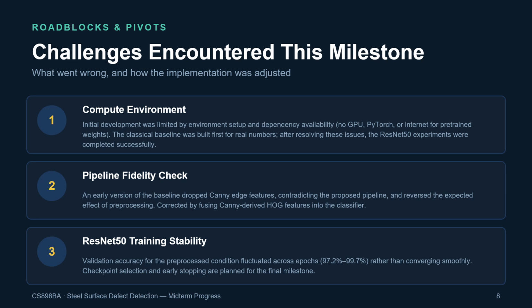After reviewing my implementation, I updated the pipeline so that Canny edge information was also included in the HOG feature extraction process. I also noticed that the validation accuracy changed slightly during training, so I carefully monitored the training process and selected the best performing model for my final evaluation.